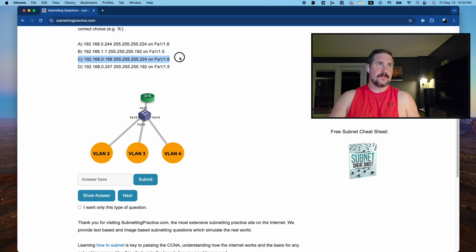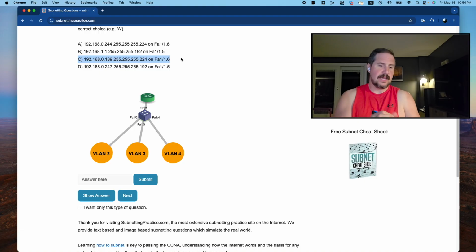Now, option C, and we already canceled out option B. Option C would kind of fall between VLAN 3 and VLAN 4 because, first of all, for option C, the block size is 32 again.